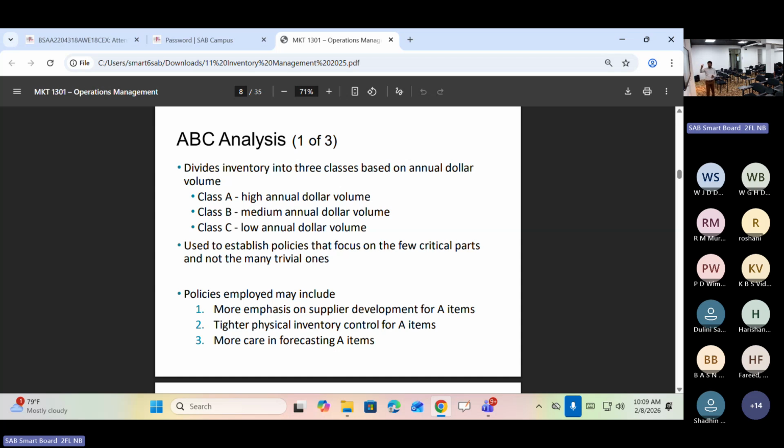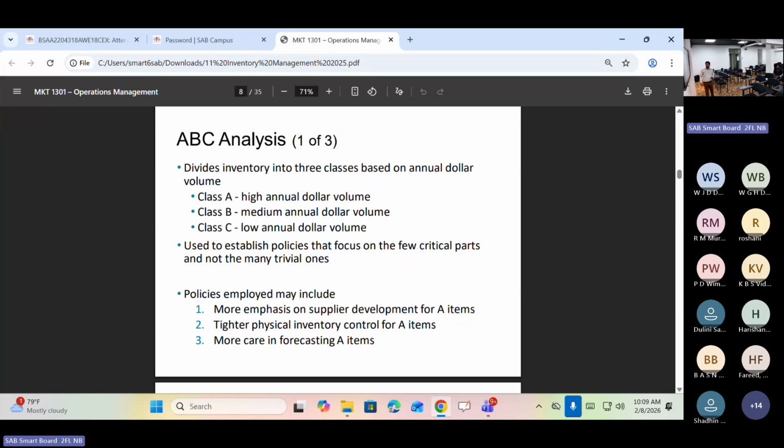I'm just introducing you to class A, class B, and then class C. Most of the less expensive items are categorized as class C, so very basic or minimum inventory control procedures are implemented for class C items because they are less valuable.